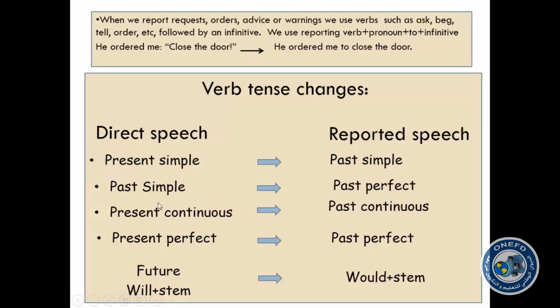When it is past simple, it changes to past perfect. When it is present continuous, it changes to past continuous. When it is present perfect, it changes to past perfect. And in the future, will plus stem becomes would plus stem.